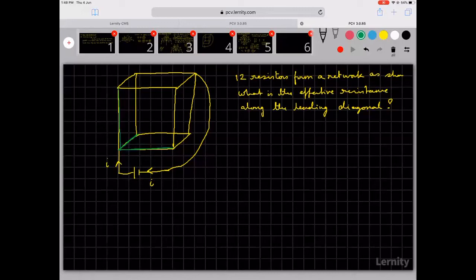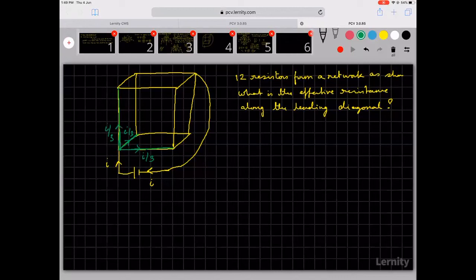I am saying that all three ways are the same. Why? Because through two resistors I'll go to the other end, through two resistors I'll go to the other end, through two resistors I'll go to the other end. So all these three routes are the same, so the current will divide as I by 3, I by 3, and I by 3.